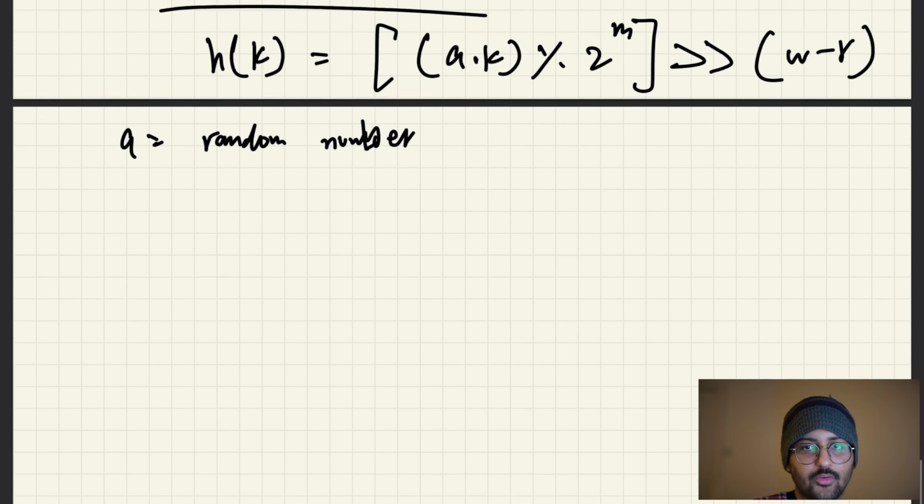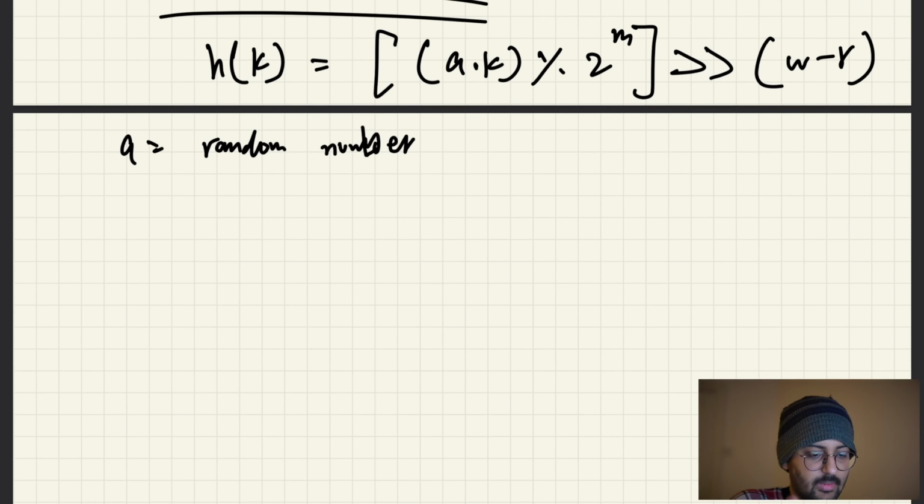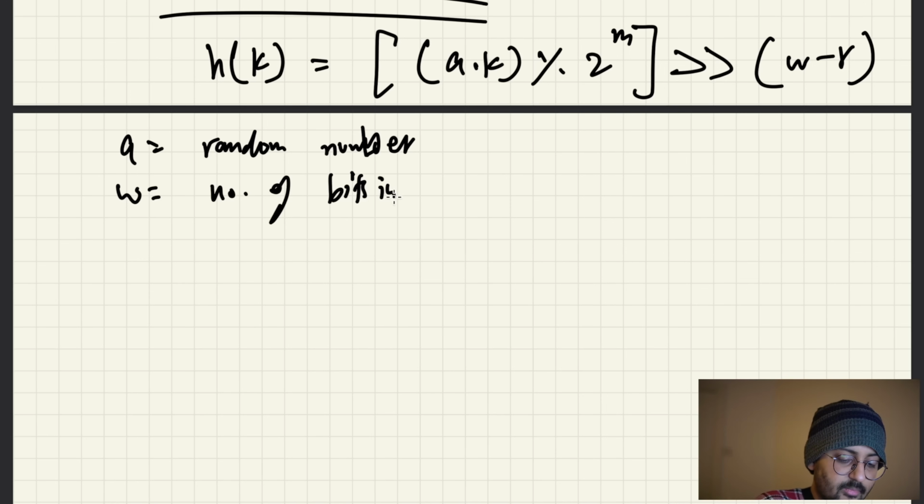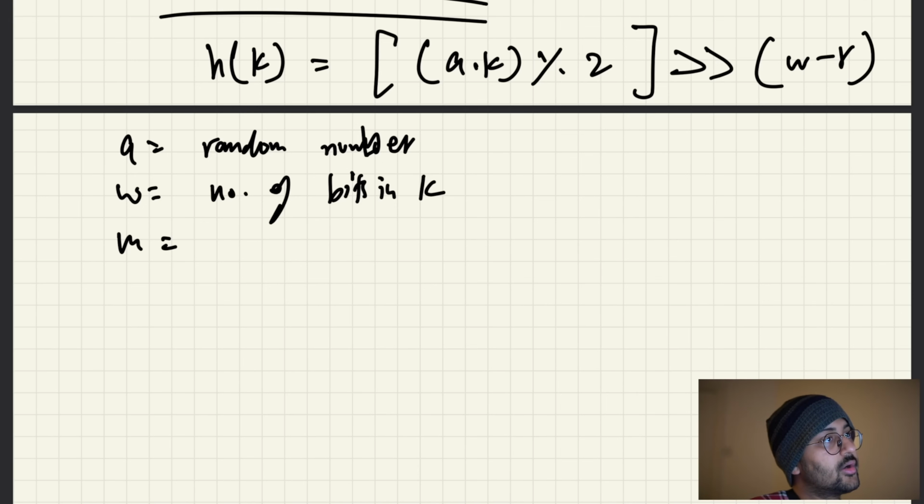There's nothing to be confused over here. This is just a formula. Scientists and people have created these formulas. Not a problem. w is equal to the number of bits in k, and one more relation is m is equal to 2 raised to the power r.